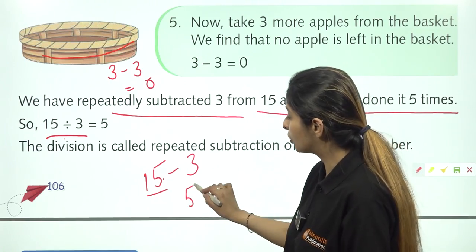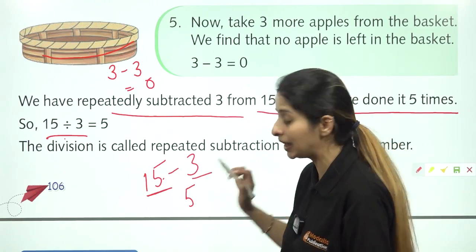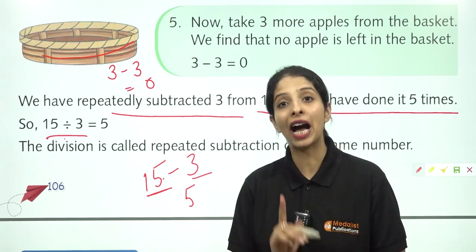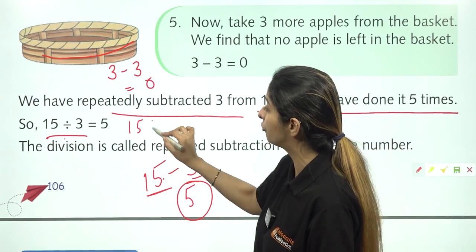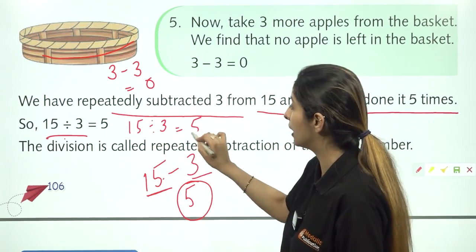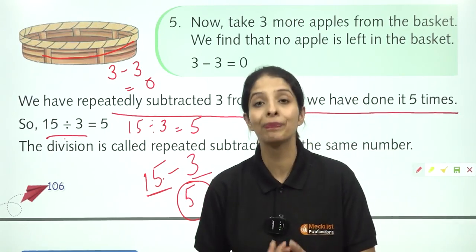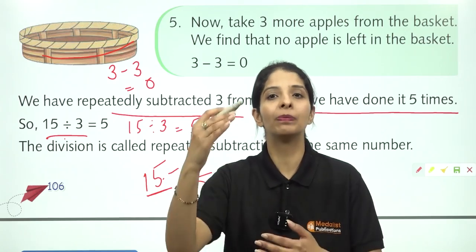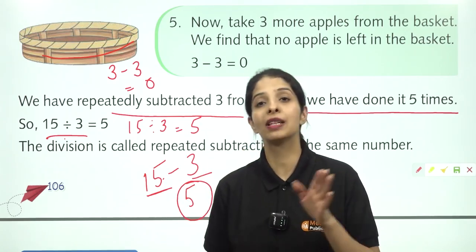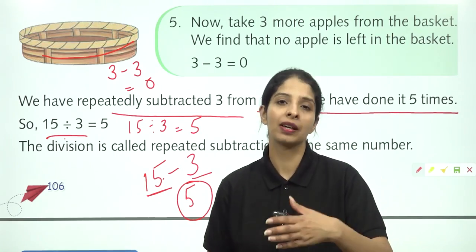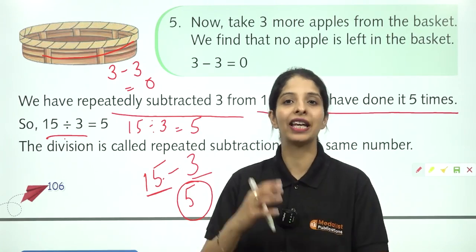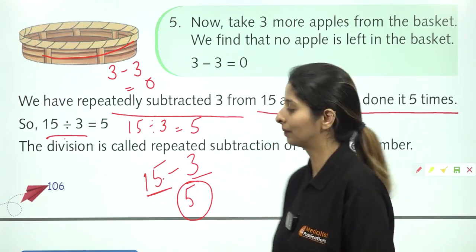So, we subtract 3 from 15, how many times? 5 times. So, your answer is 5. And if we divide 15 by 3, we get 5. So, this is how you can say that division is repeated subtraction. And we subtract till we get 0. And the number of times we have subtracted is the answer.